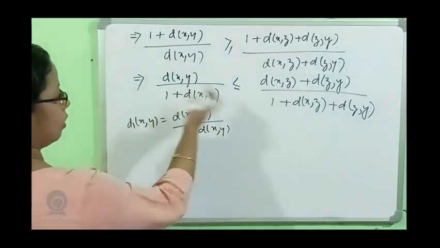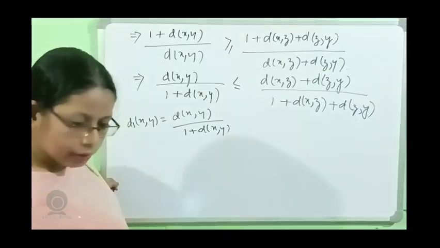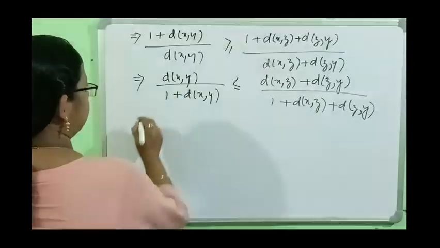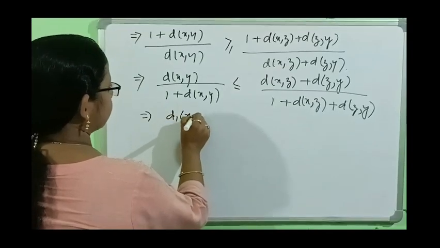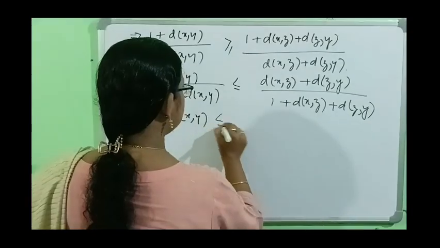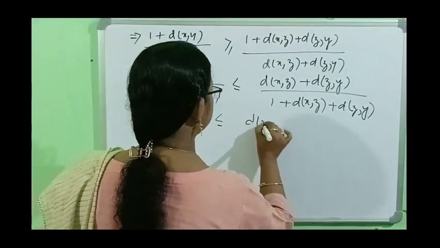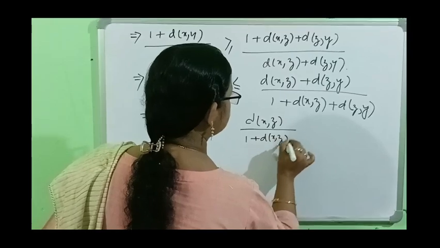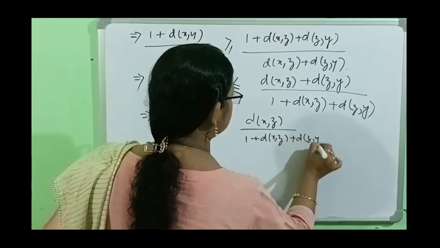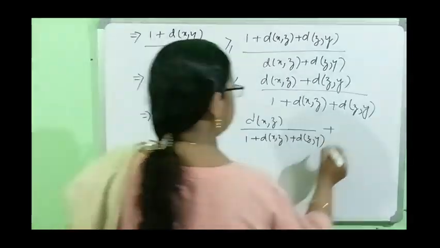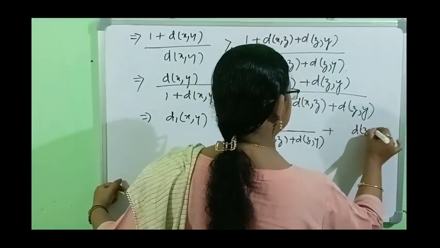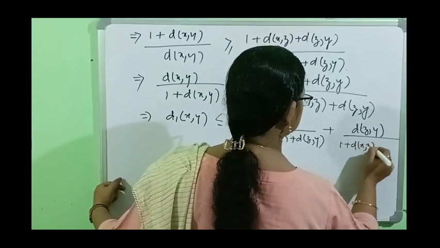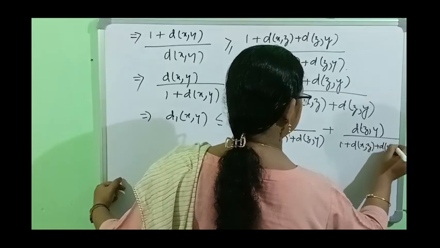So on the left hand side, I will get d1(x,y), and on the right hand side, I will separate this into d(x,z) by 1 plus d(x,z) plus d(z,y), then d(z,y) divided by 1 plus d(x,z) plus d(z,y).